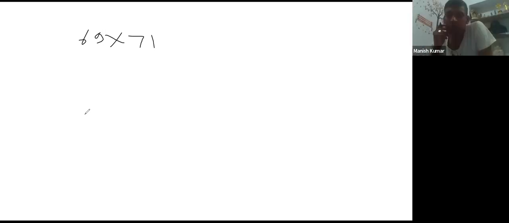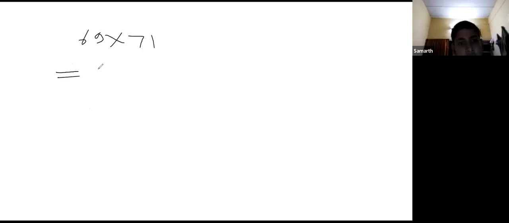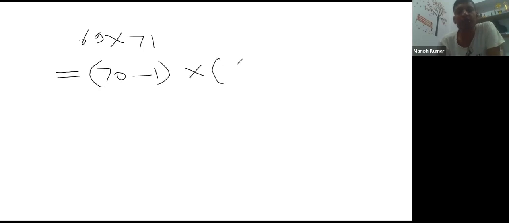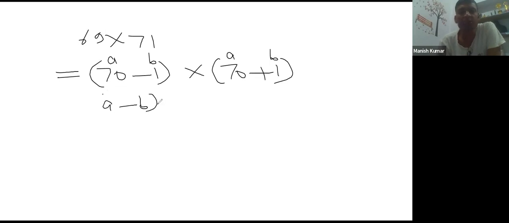Naman, Tamar, no idea? 69 can be written as 70 minus 1 and 71 can be written as 70 plus 1. Now if this is A and this is B, then here also this is A and this is B. So it is in the form A minus B into A plus B.